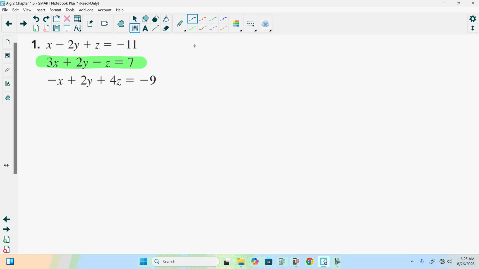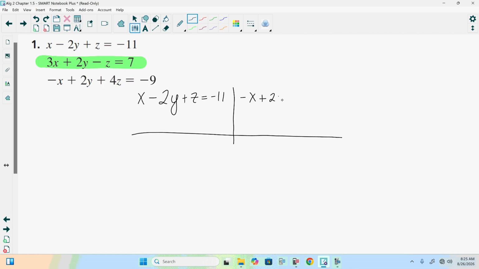We just need to pick one so we don't use it twice. So we'll do the one on the left first.